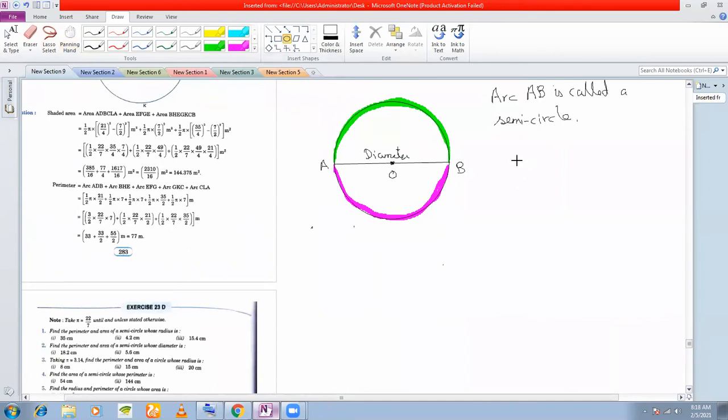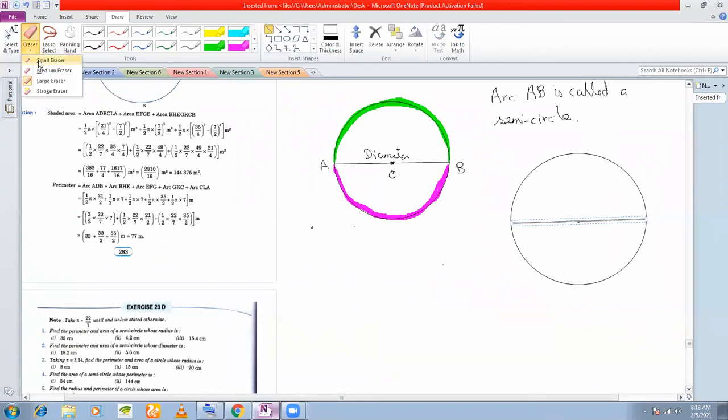Mostly, you'll be coming across this kind of figure in problems as a semicircle, where this is your center O. So this part here forms your semicircle. This arc forms a semicircle. That is what you need to know.